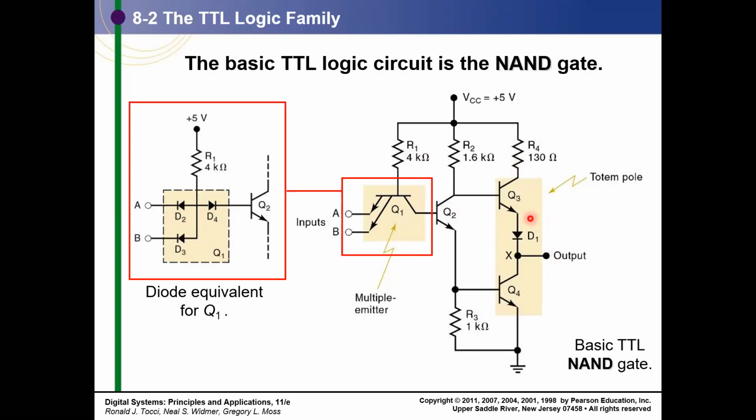So if both the inputs are high, only then output goes low. If both of them are high, this turns off, this turns on. You can kindly read the detail. This is very well explained in Toki. Once you read it yourself, all the three or four pages, you will be very clear about these TTL technologies.